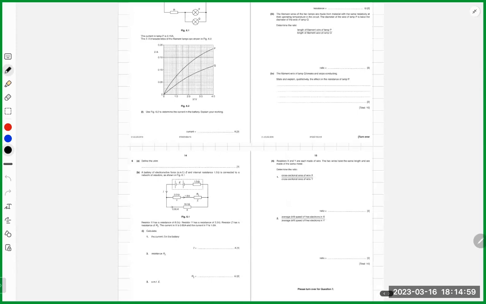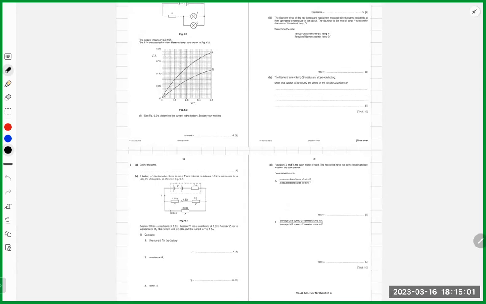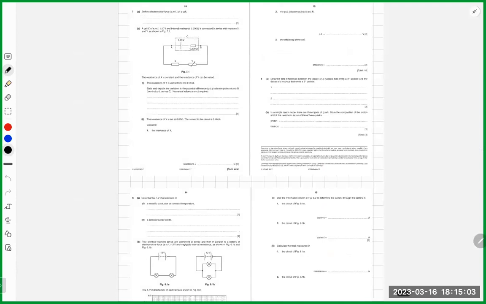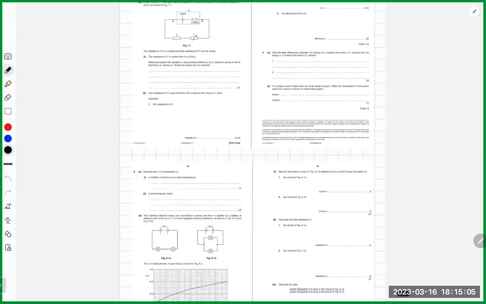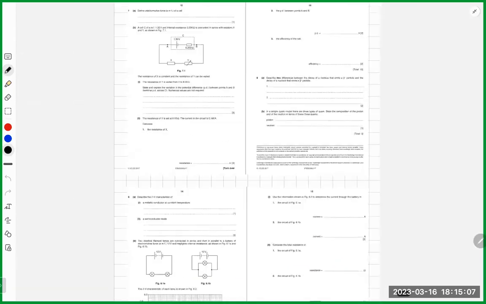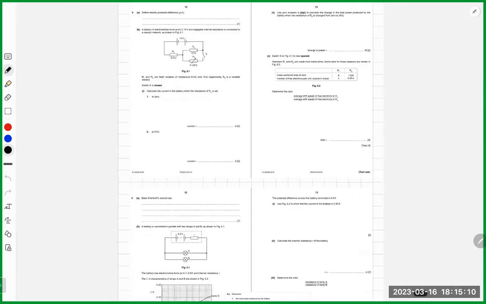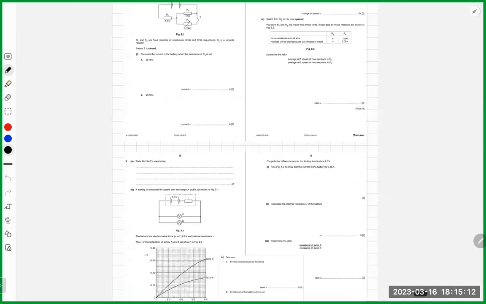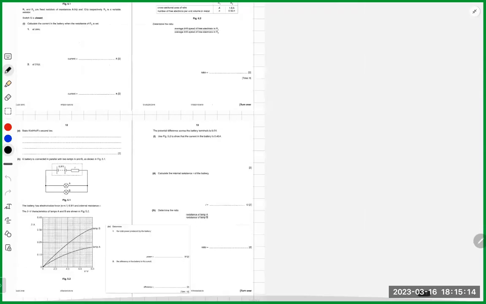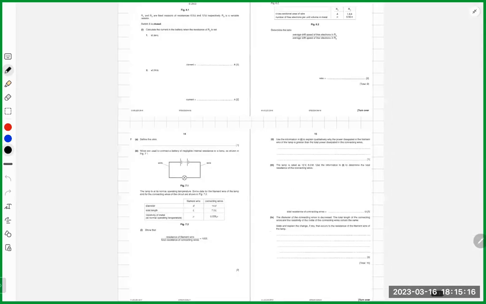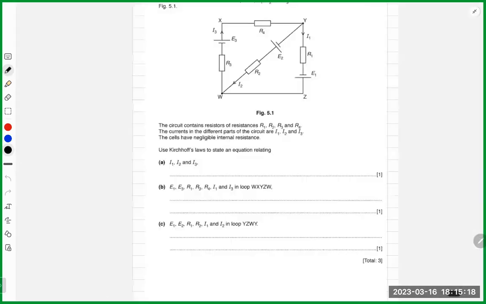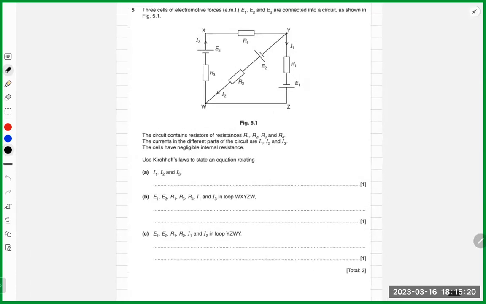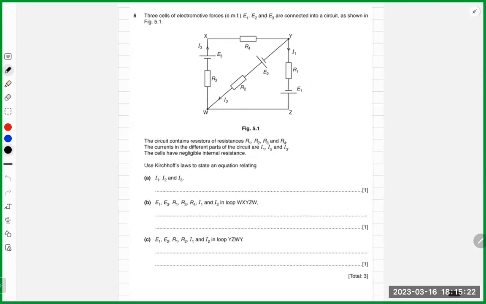Kirchhoff law questions. Oh, here we have a purely Kirchhoff law question.